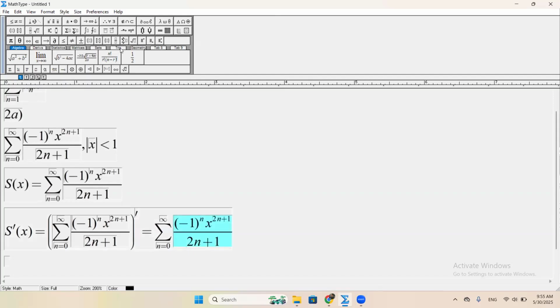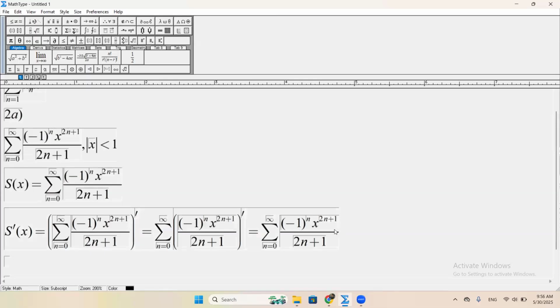So we differentiate this. Each term will be differentiated. So we will receive the following series, x in power of 2n. And now let's write it down like a usual sum, first a few terms.